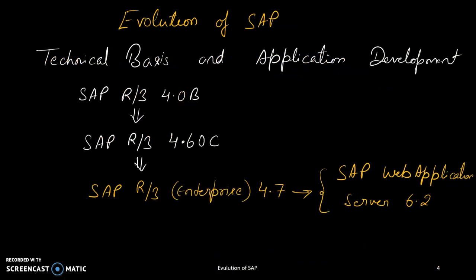Next, the technical basis and application development were linked up to and including SAP R3 4.6c. The concept of SAP R3 Enterprise extensions was introduced starting with SAP R3 Enterprise 4.7, which is based on SAP Web Application Server 6.20.